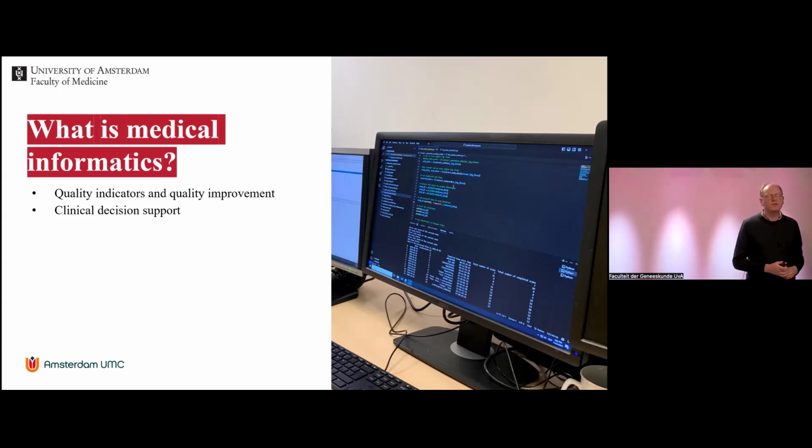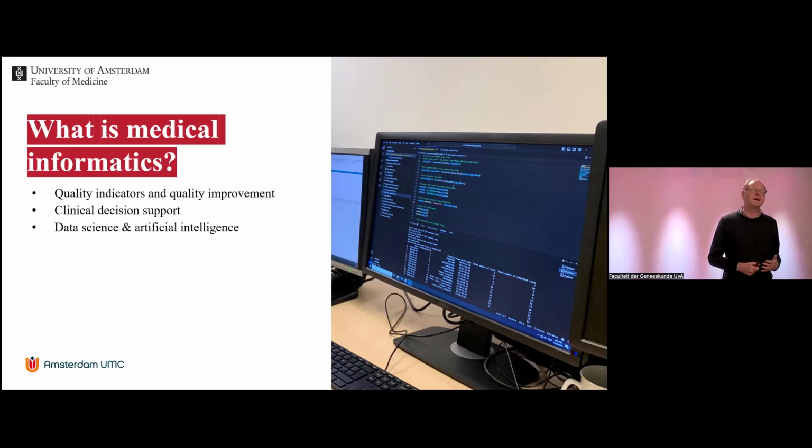We try to provide clinical decision support, for instance, to give suggestions to a doctor for possible diagnoses for a particular patient. We try to process data and use artificial intelligence techniques to make forecasts, for instance, for patients on the intensive care units, how many patients there will be in a week's time.